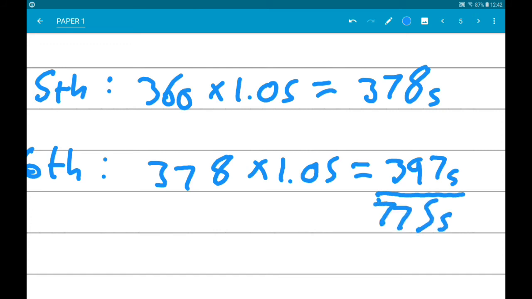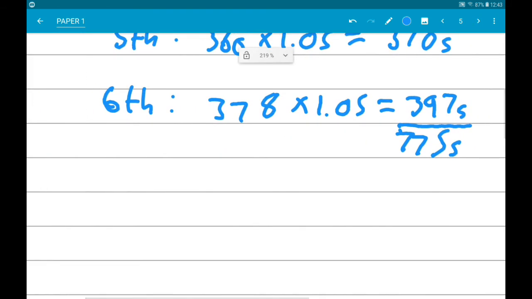Now if we turn that back into minutes, that's 12 minutes 55 seconds. So the 5th and 6th together take 12 minutes 55 seconds.